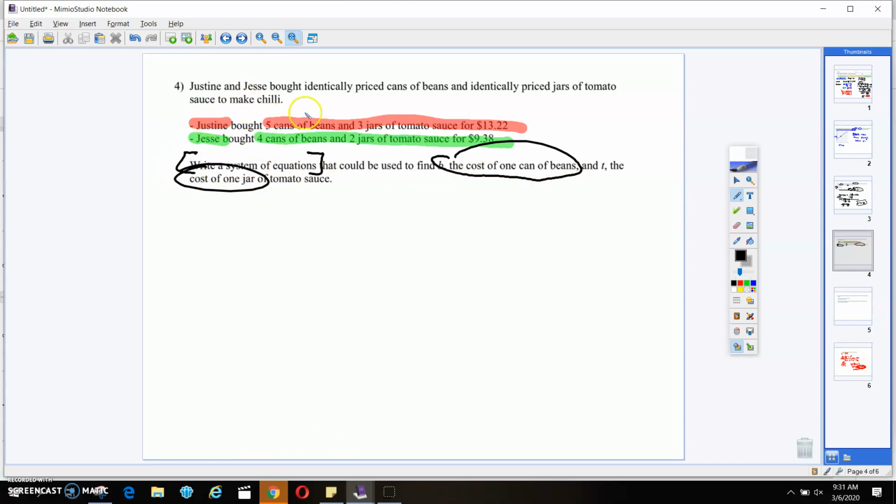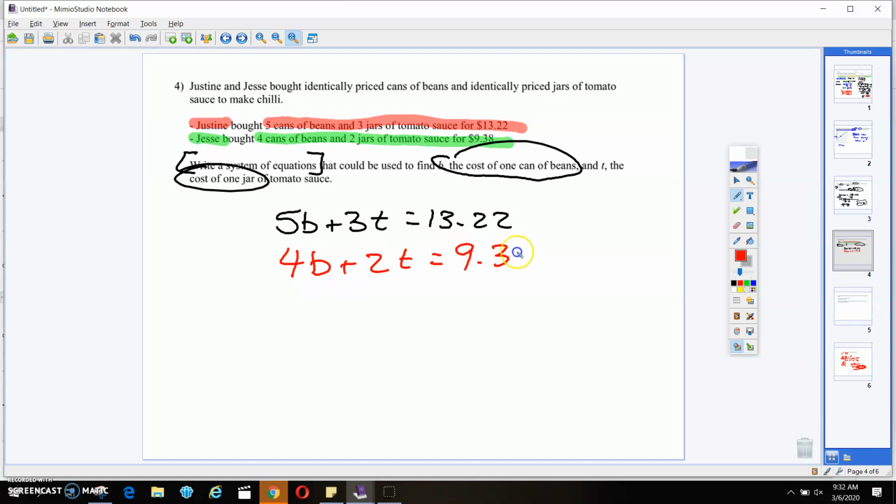So when I write Justine, it's going to be 5B plus 3T equals 13.22. Okay? So I did 5 times B, and 3 times T equals 13.22. For Jesse, Jesse's going to be 4 cans of beans and 2 jars of tomato sauce, and that's going to be equal to 9.38.